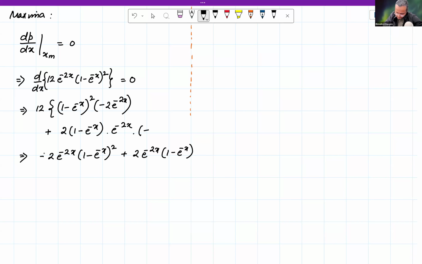This is minus minus plus and e to the power minus x.